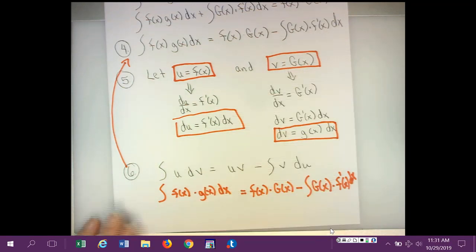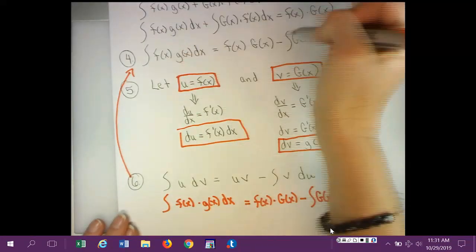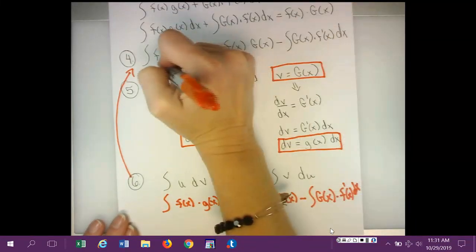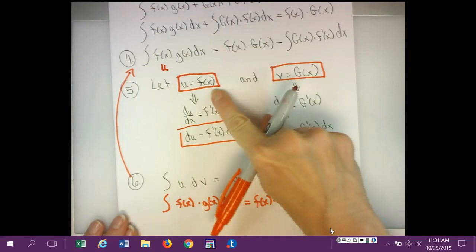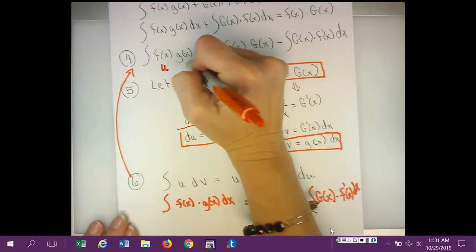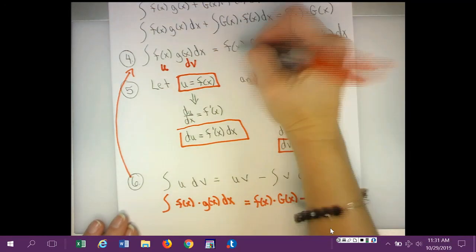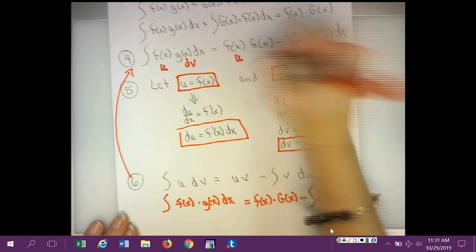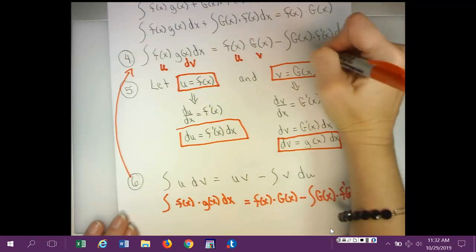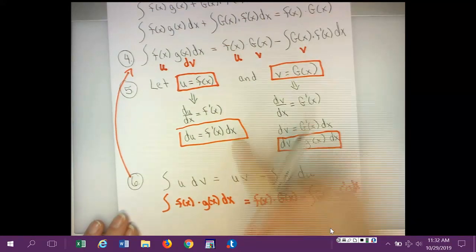And I'm going to write that underneath. So u is little f, g of x dx is my dv in the formula. This little f is u, big G is v, and then f prime of x dx is my du.